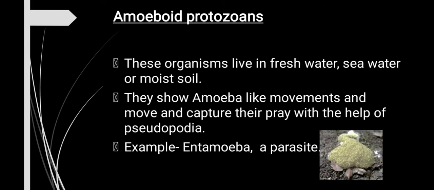The first type of protozoans are the amoeboid protozoans. These organisms live in fresh water or in marine water, or they are also seen in moist soil.